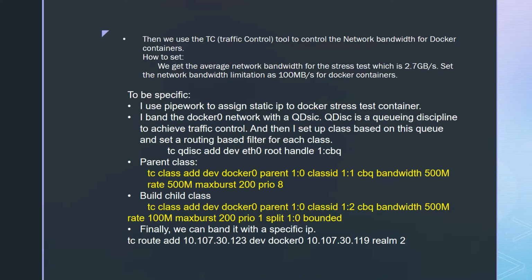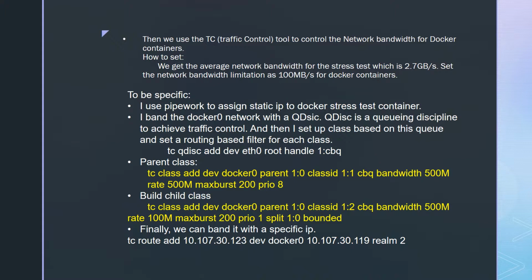Then let me talk about the TC control tool, which I use to control the network bandwidth for Docker containers. Because I got the average network bandwidth for the stress test as 2.7 gigabytes, I set the network bandwidth limitation at 100 megabytes per second for the Docker containers, and these are only the stress test Docker containers.